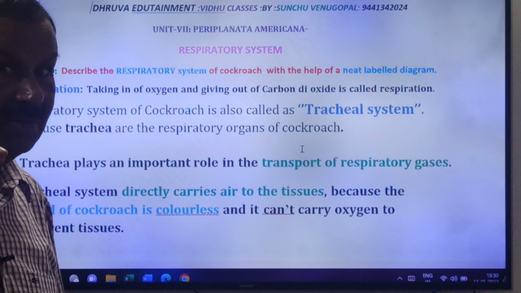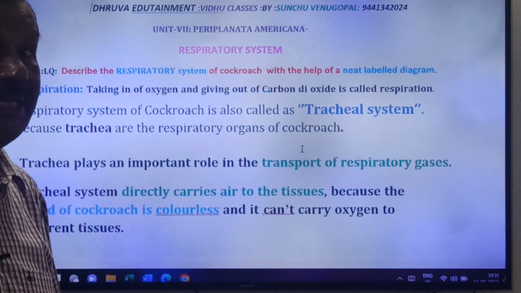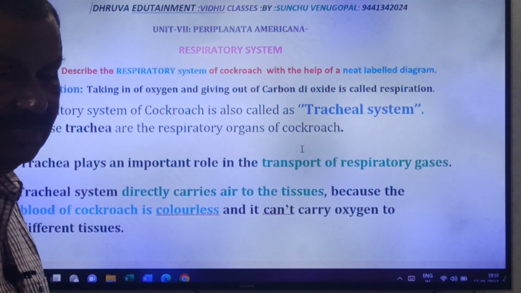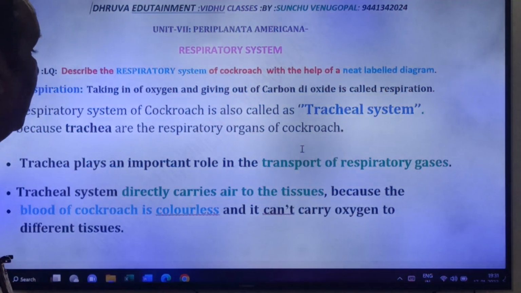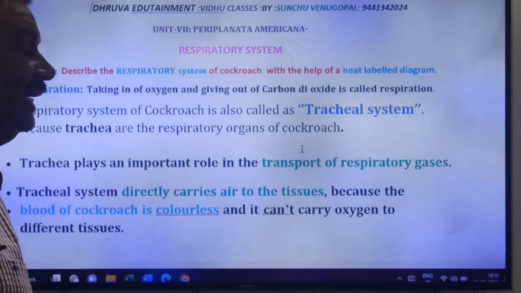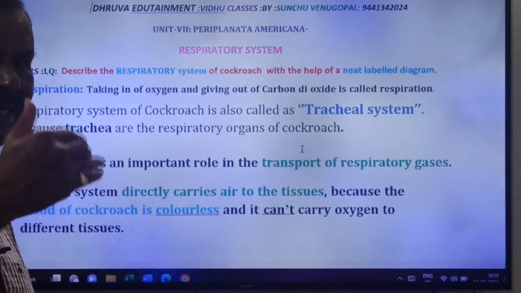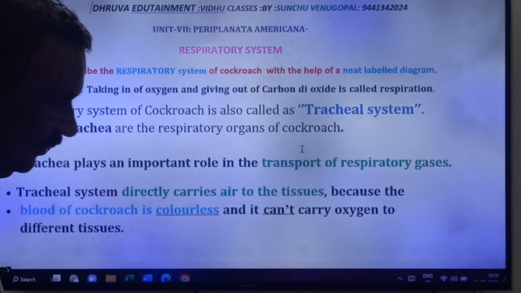Why is the blood of cockroach colorless, friends? It has no hemoglobin. Hemoglobin is absent in the blood of cockroach. Because of that, the blood is colorless and can't carry oxygen to the tissues. So the tracheal system directly carries oxygen or air to the tissues, friends.